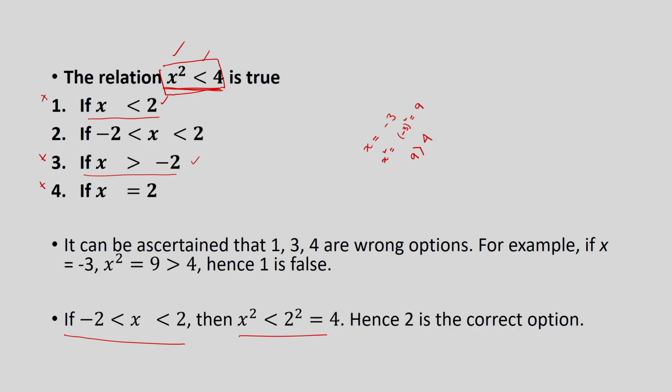Yes, if x is greater than minus 2, then for some values of x this relation will be satisfied, but not for all x which satisfy x greater than minus 2, and that is what is important. We have to check for all values of x which satisfy this condition, right. And if at least for one value of x which satisfies this condition but does not satisfy the relation, then we cannot say that this is a correct option. So, the second option is the correct answer here.